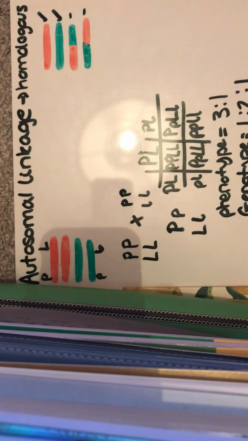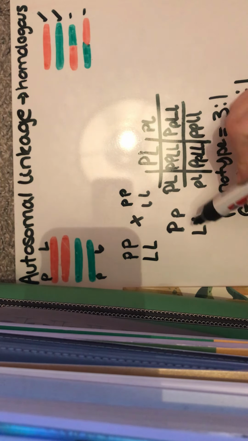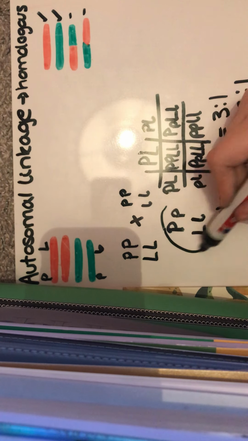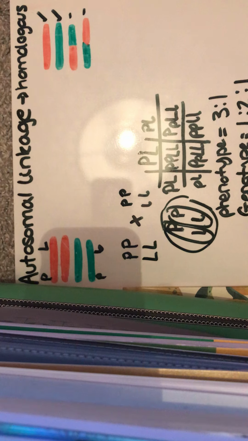These are what end up in the gametes, and these are the recombinant ones. So if we're using the same example, when we have our first generation, we said that we would just have these like that and those like that.